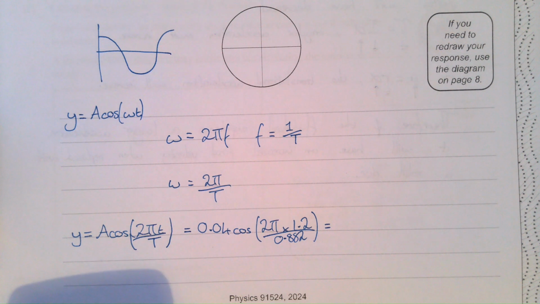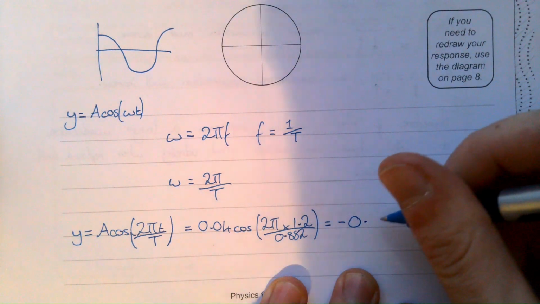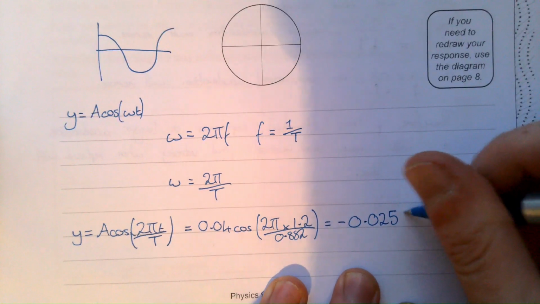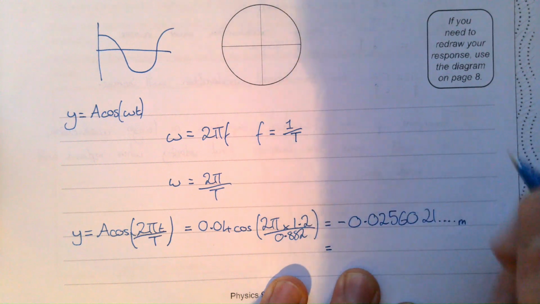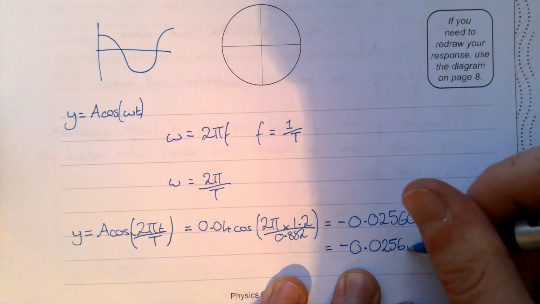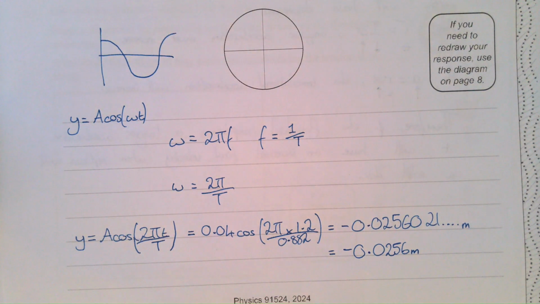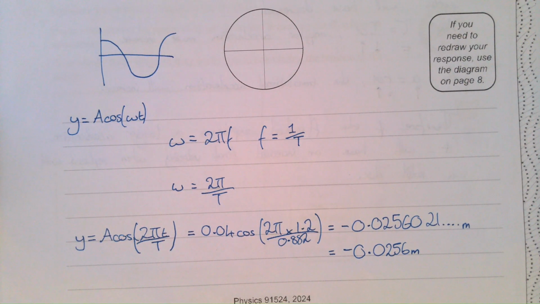We're going to do 0.04 times cosine of 2 pi times 1.2, all divided by 0.882, close the brackets, and so we get our displacement of minus 0.0256021 meters, which we will round nicely to minus 0.0256 meters. You've got a negative here, which is okay, because it just means it's gone to the opposite side that it was started on.